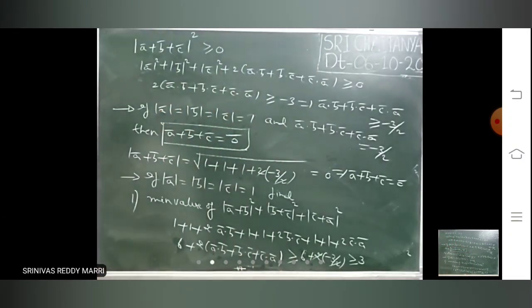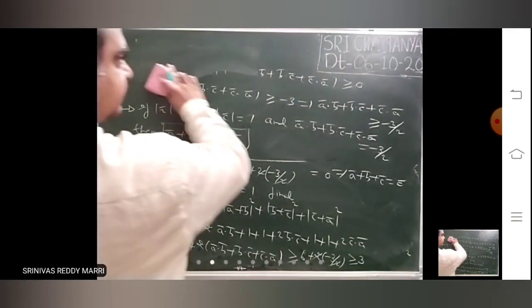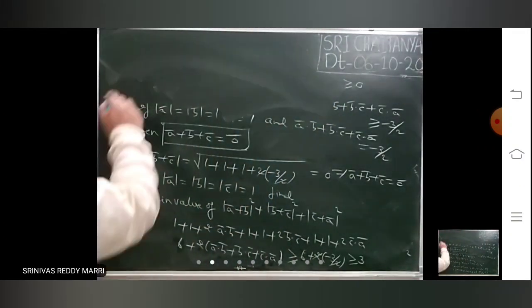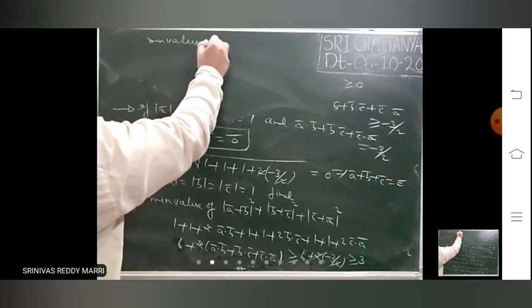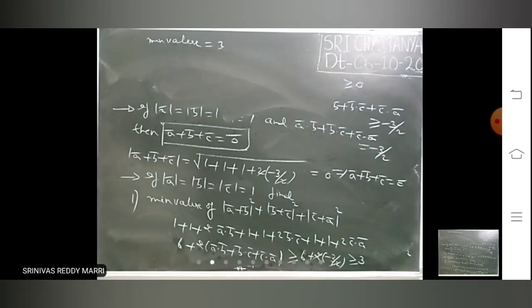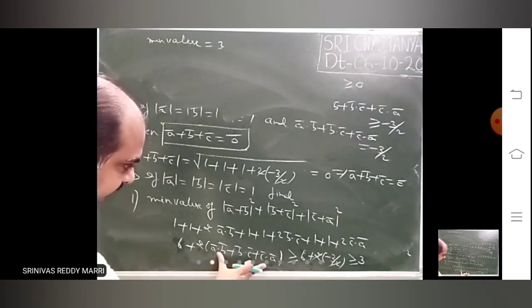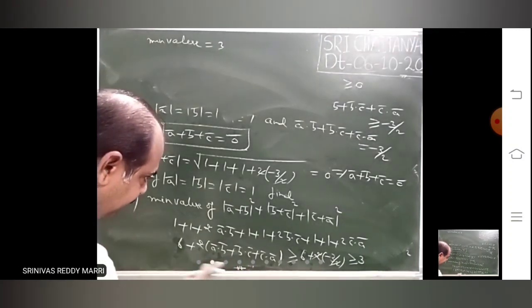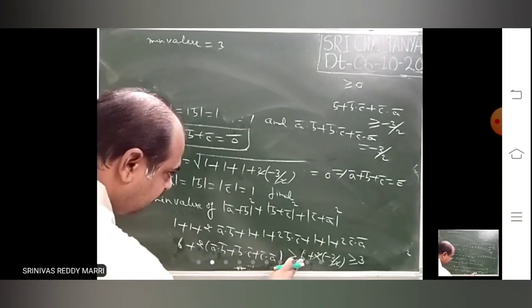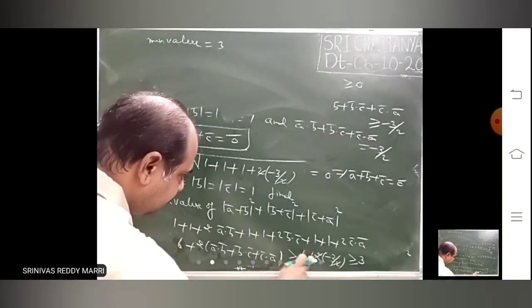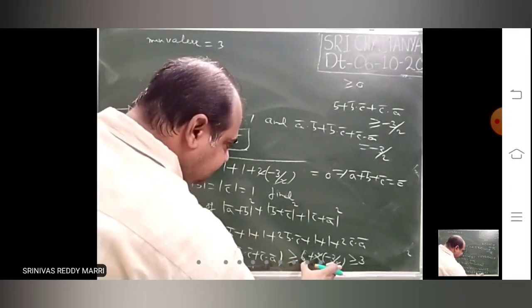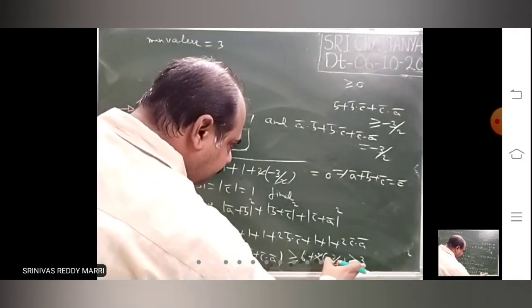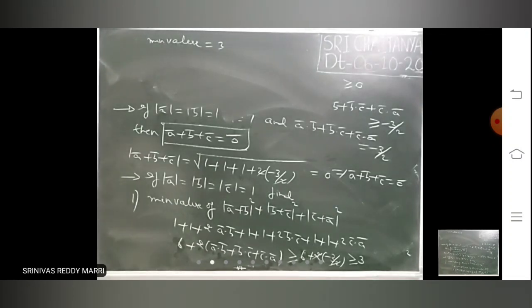So that means the minimum value is nothing but 3. This is greater than or equal to −3/2, means this completely will be greater than or equal to 6 is constant plus 2 into −3/2. This will always be greater than or equal to 6 plus 2 into −3/2. So therefore that is 3.